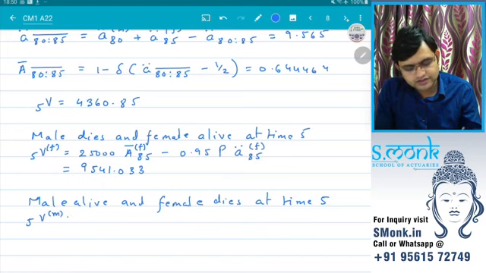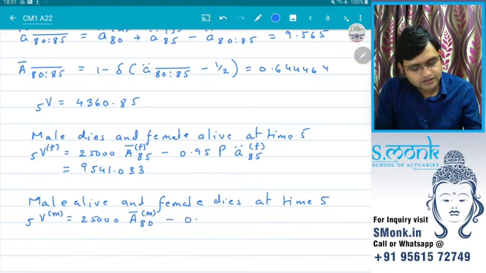So we'll say reserve for male at time 5 would be 25,000 A bar 80, the life age for male, minus 0.95, again premium would be paid, ADU 80 for male.